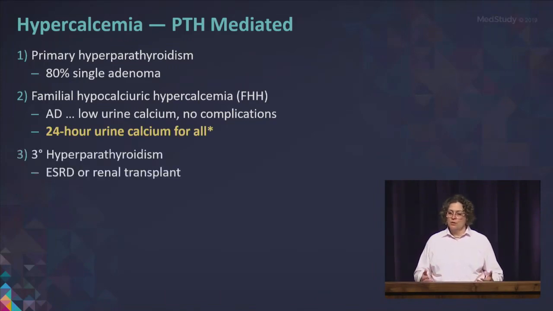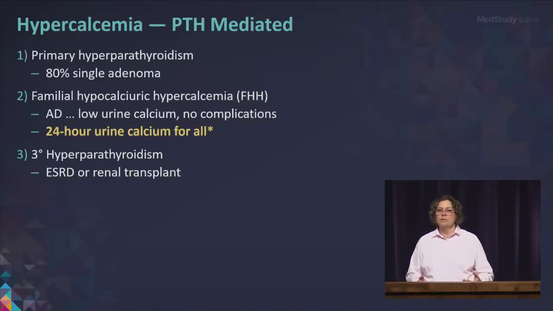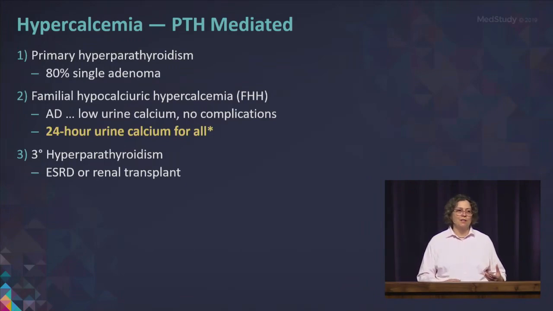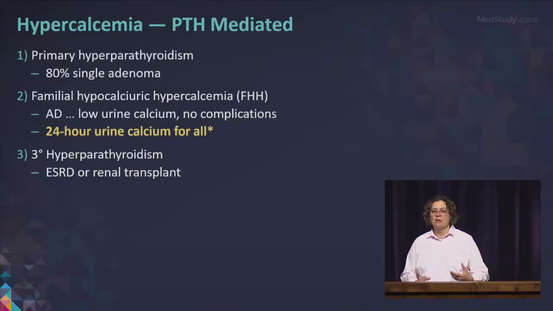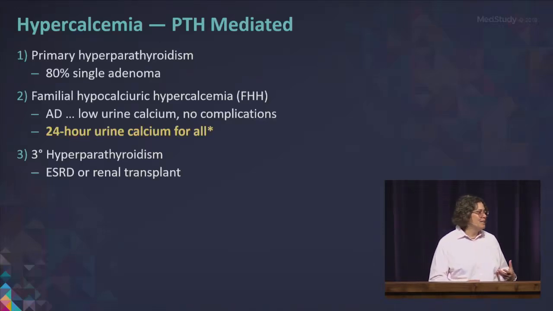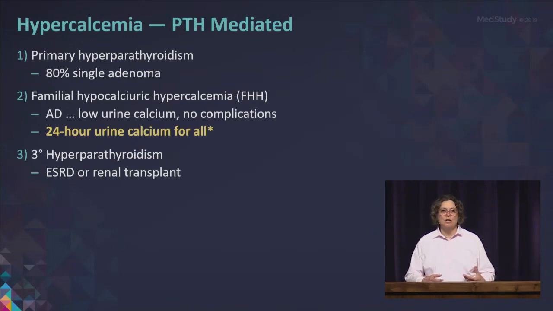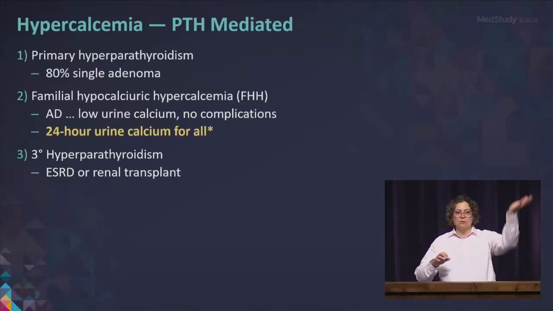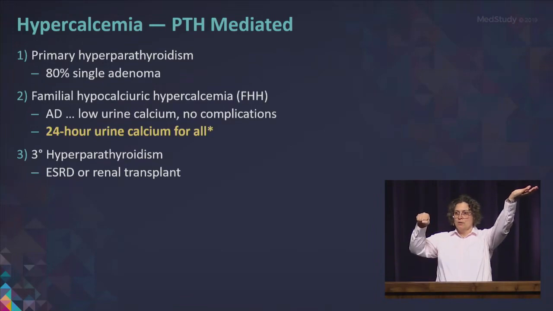And then there is tertiary hyperparathyroidism, which is more the common context of long-standing, poorly treated end-stage renal disease, where you have a very elevated PTH level. Essentially, that 4-gland hyperplasia you get in end-stage renal disease, one of those glands will become autonomous. And so generally in secondary hyperparathyroidism, end-stage renal disease, you have a super high PTH, normal calcium.